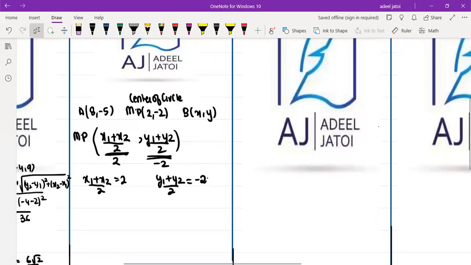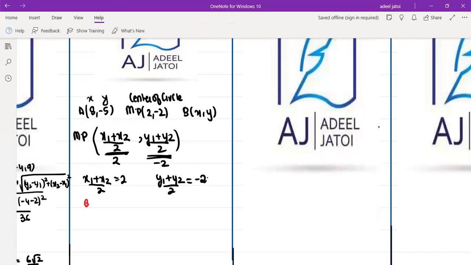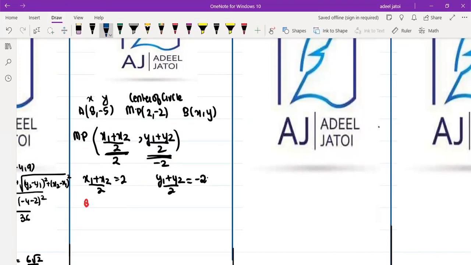Knowing that x is 8 and y is minus 5, let's substitute 8, and then we have x upon 2 is equal to 2. So x is equal to 4 minus 8, x becomes minus 4.